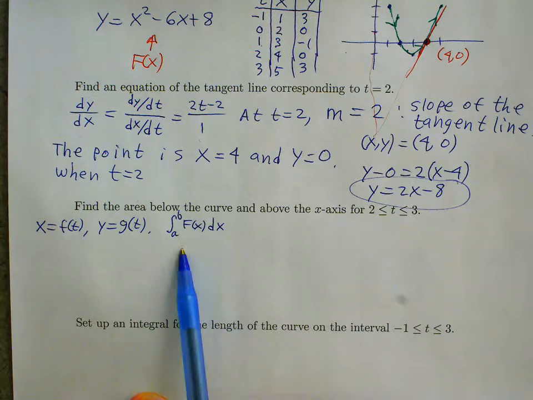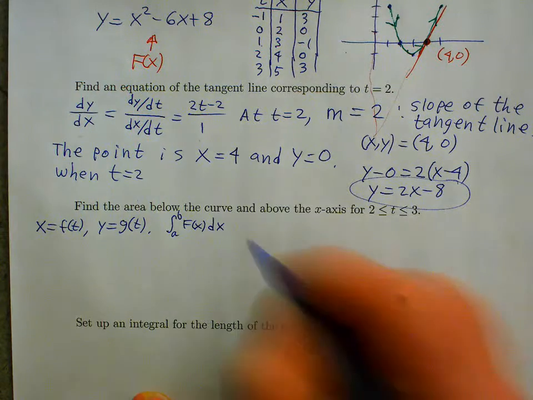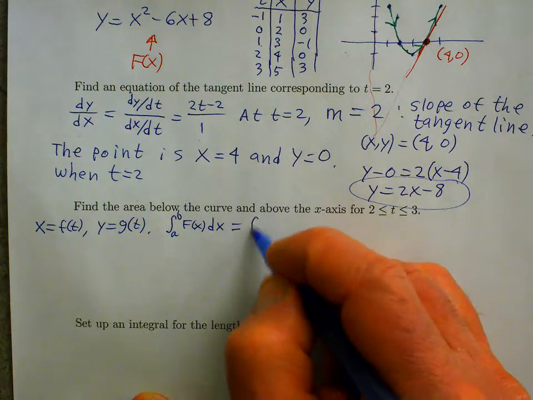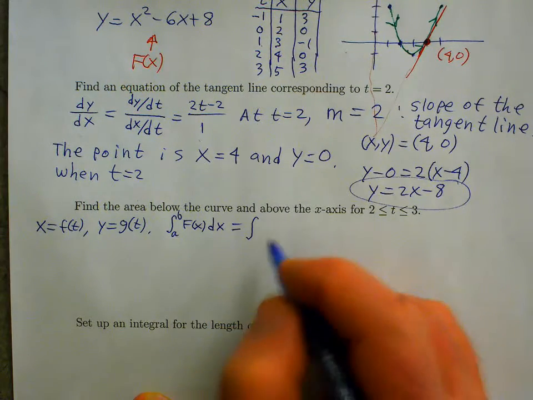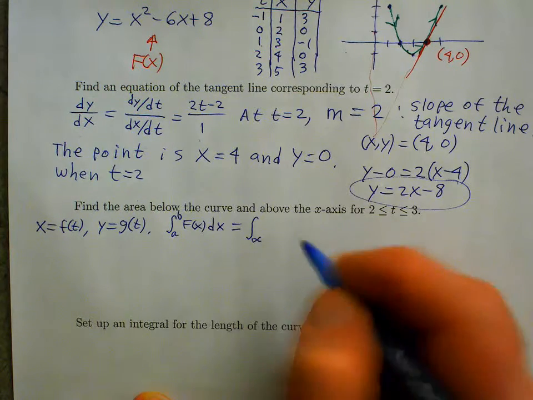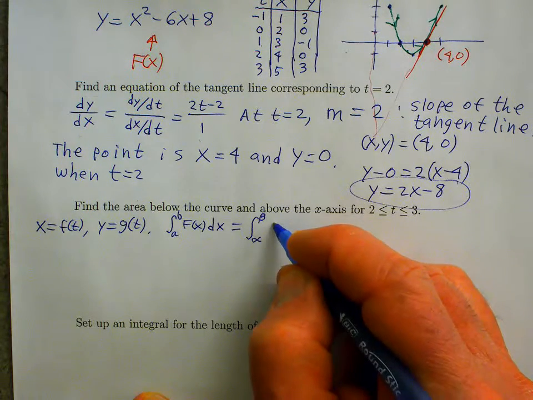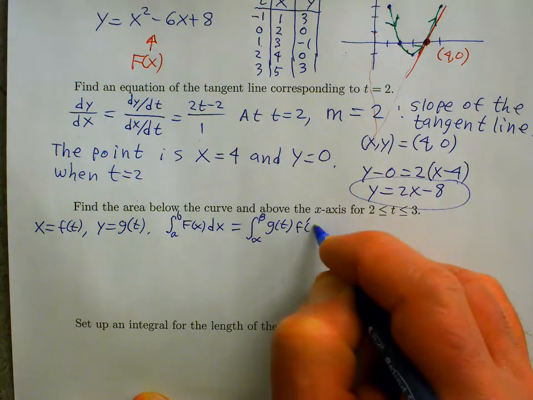we're familiar with that, right? The area that's below F of x from A to B. And then in terms of the Cartesian equation, well, we change from x values to t values. We'll refer to those as going from alpha to beta. And then the integrand is g of t times f prime of t dt.